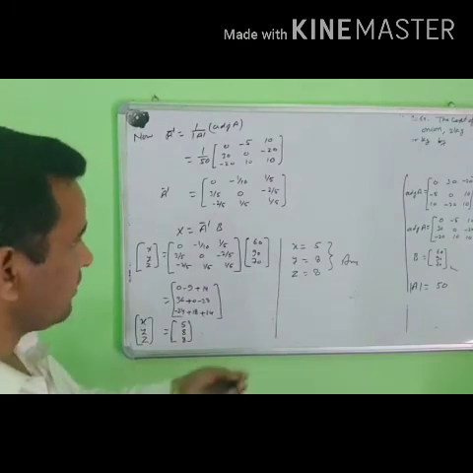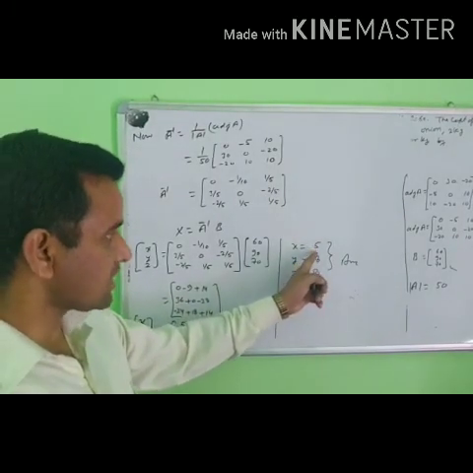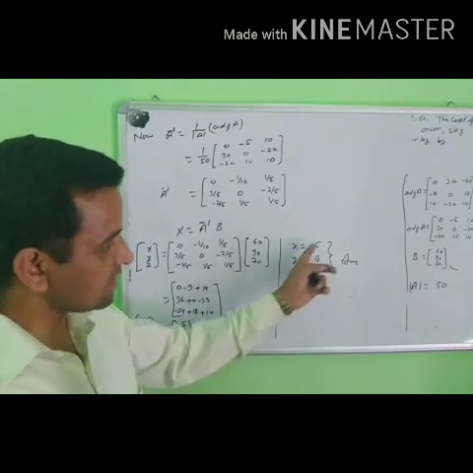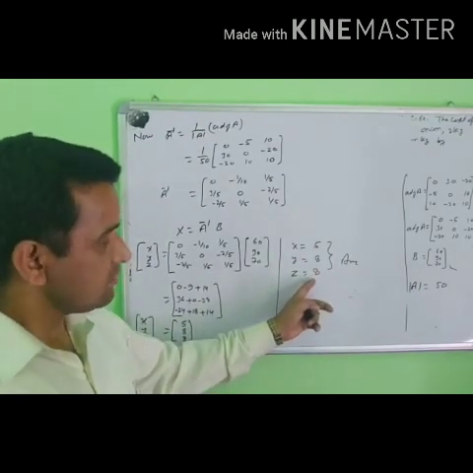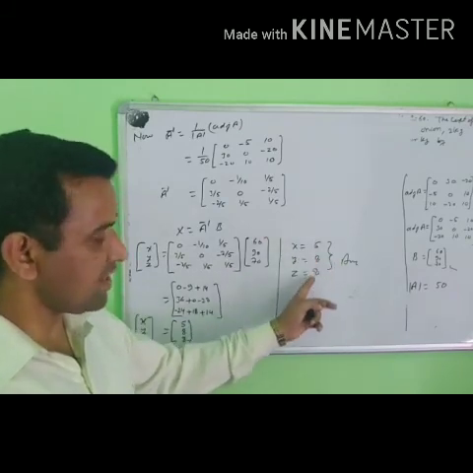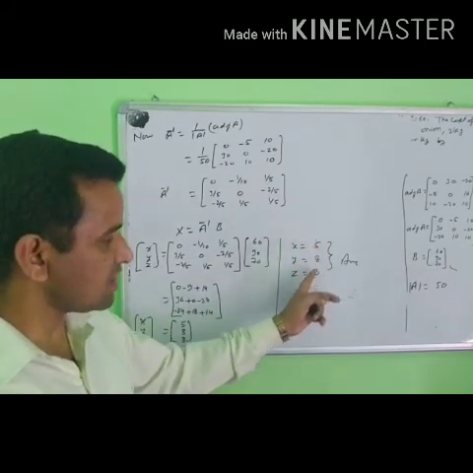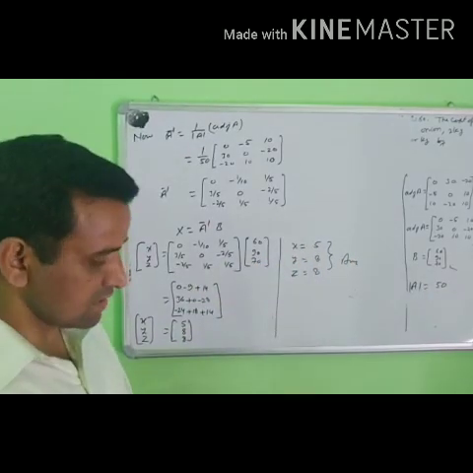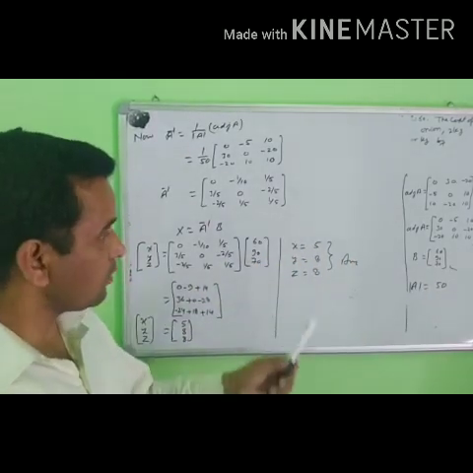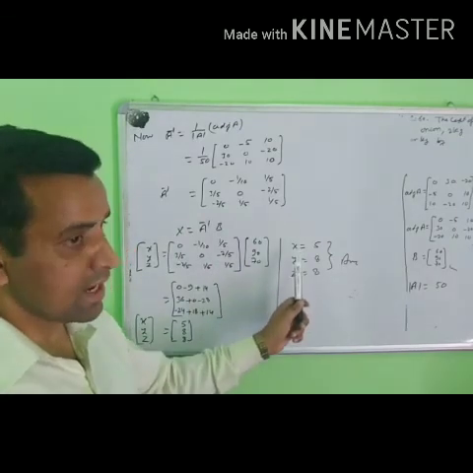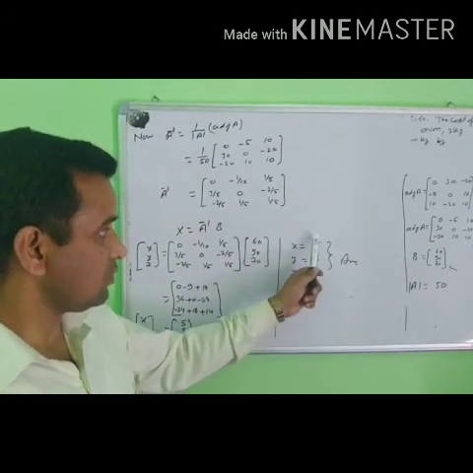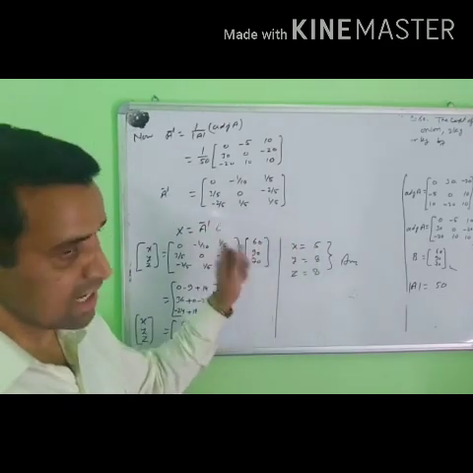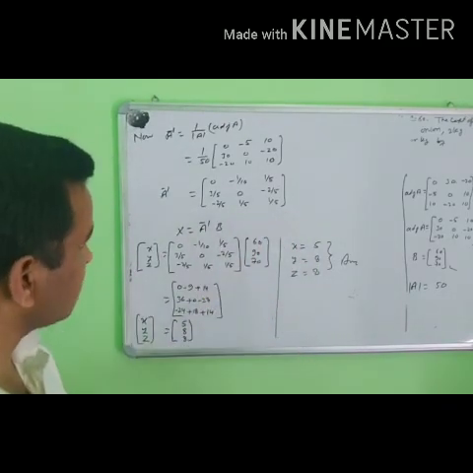Put these values of x, y, z in the first equation and check whether the left hand side verifies the right hand side. If the LHS comes to the RHS, your answer is right. If you have made a mistake, the RHS will not be verified. Verification is very simple.